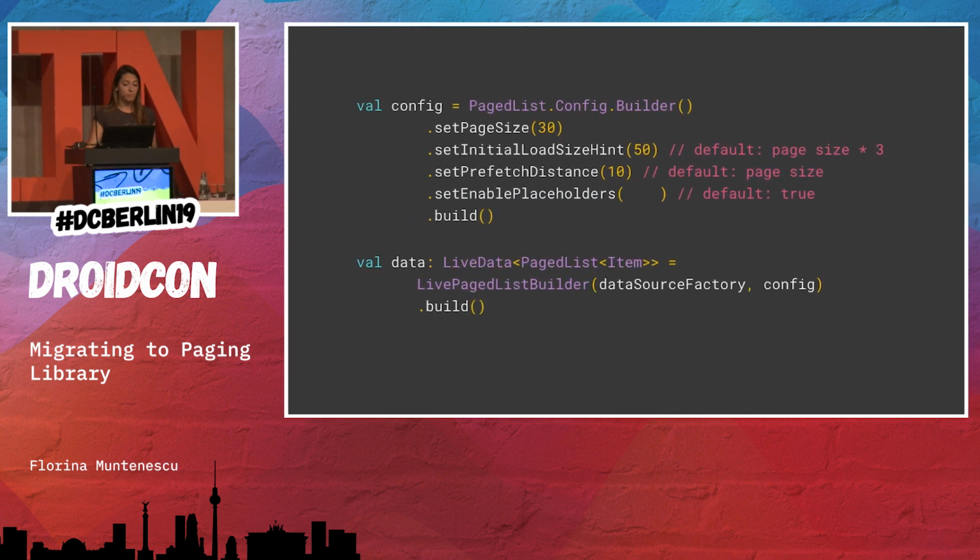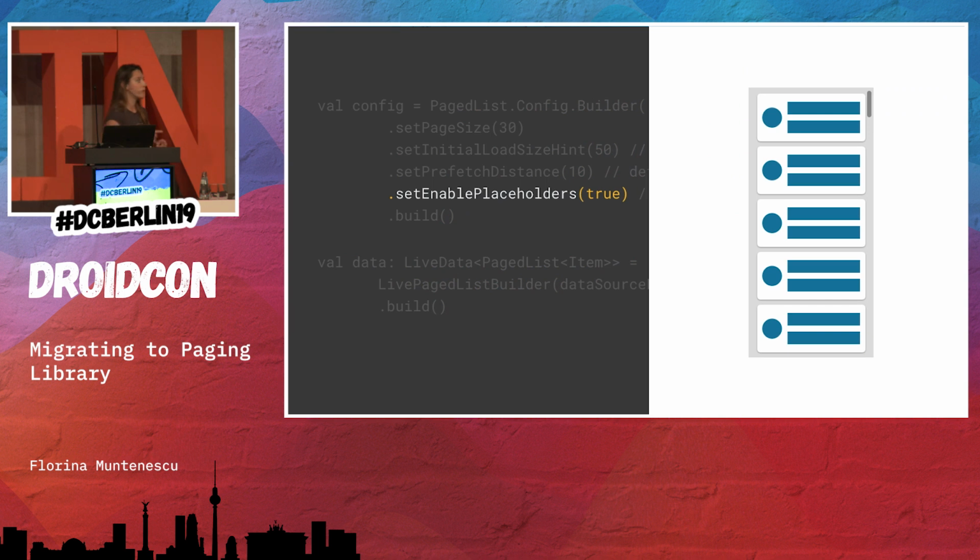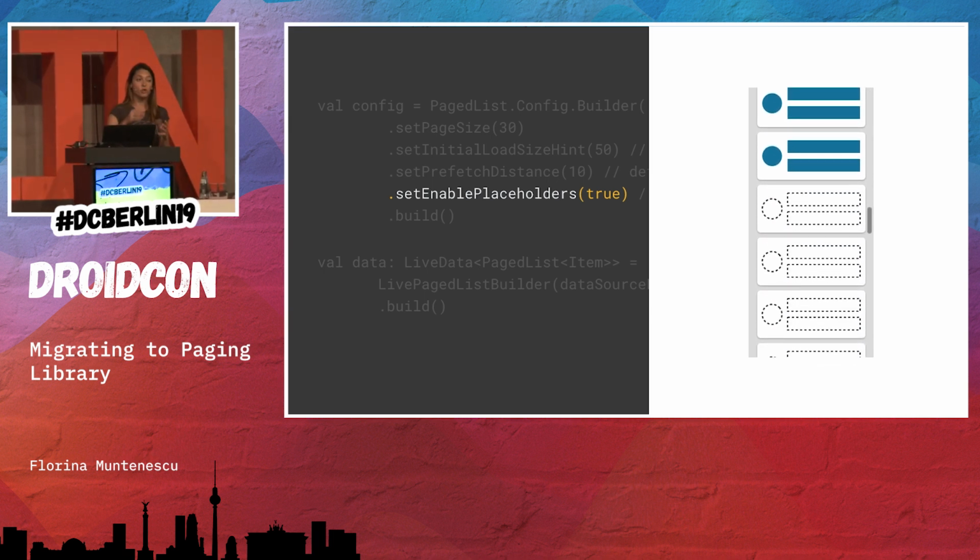But if the placeholders are enabled, here's what happens. You see that by default, we already have the scroll bar being smaller because it's the right size for all the items that you need to display. So this means that once you're scrolling and you're getting to the items that haven't been loaded, you will see placeholders.